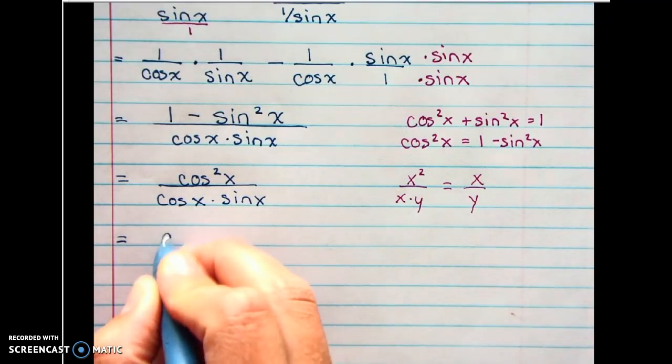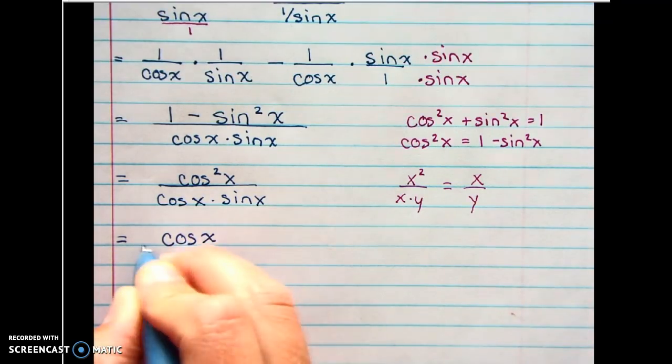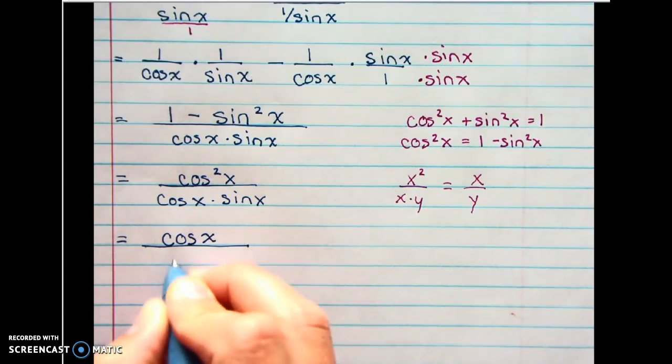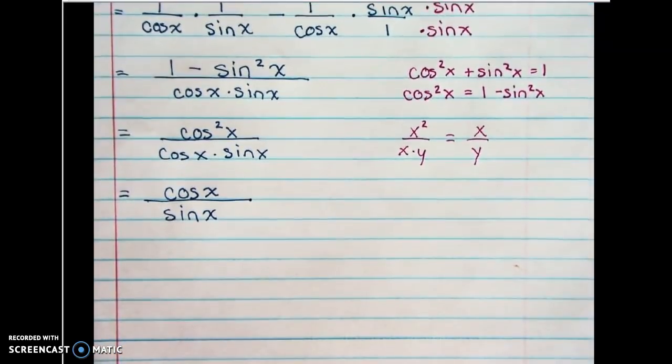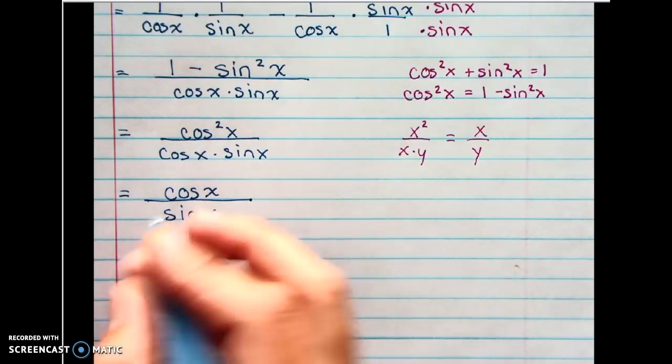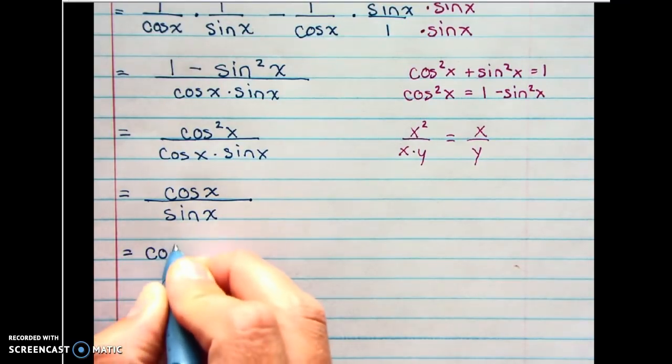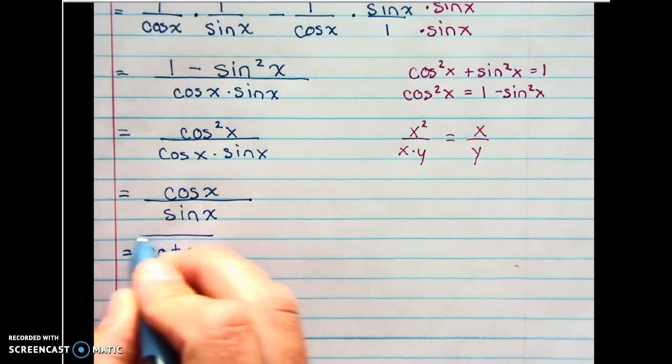So here, one of the cosines cancels, and we get cosine over sine. What is cosine over sine equal to? We have another trig function that's equal to cosine over sine. Sine over cosine is tangent, so cosine over sine is equal to cotangent.